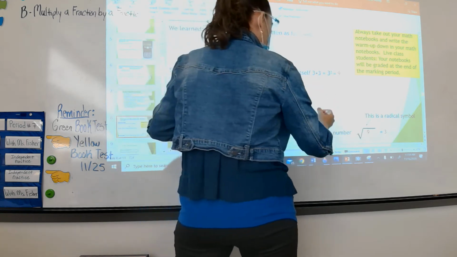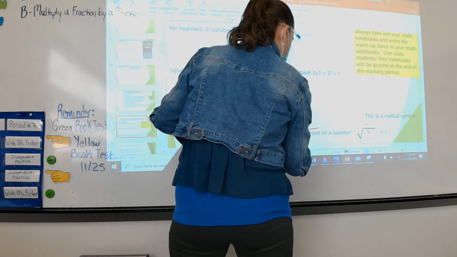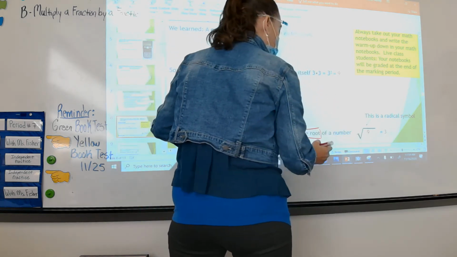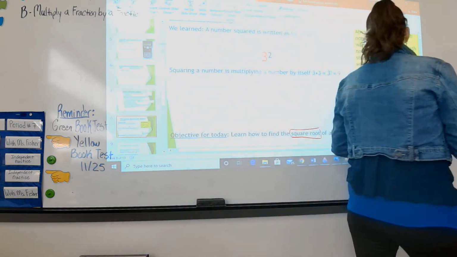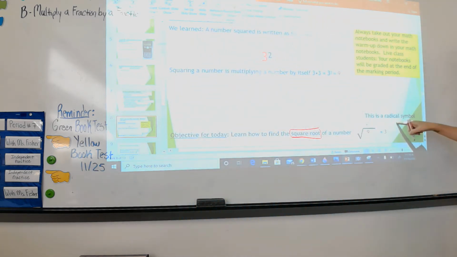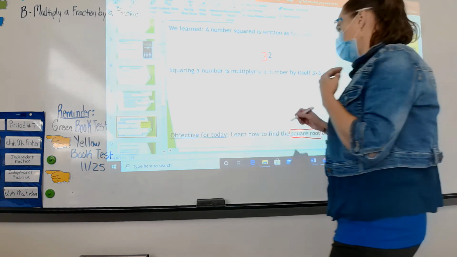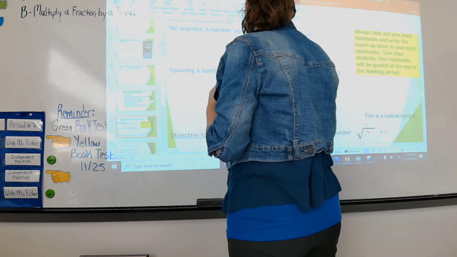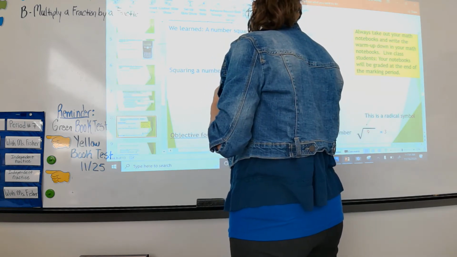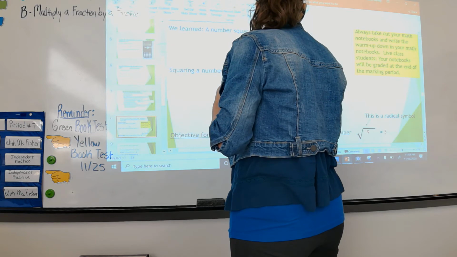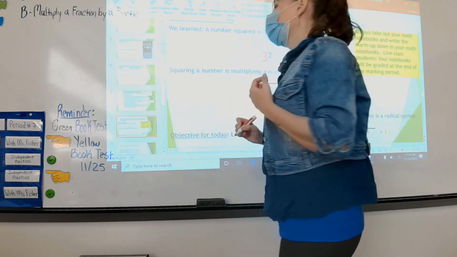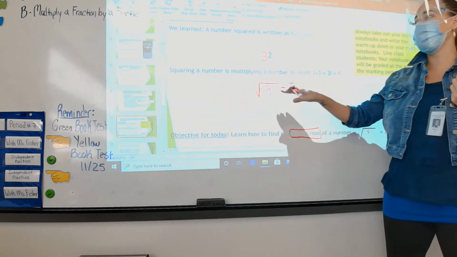This is called the square root of a number. This symbol is known as a radical symbol. This is your square root. So the square root of 9 equals 3. These are the inverse of each other.